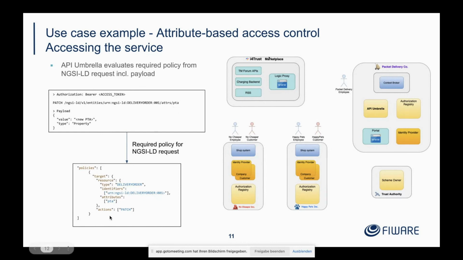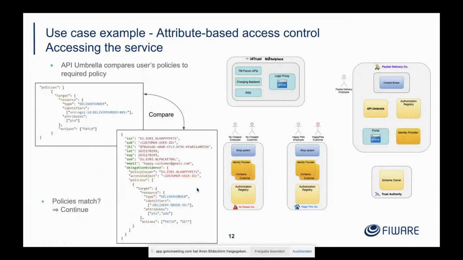And this is reflected in this policy. Since this user sent this JSON Web Token along with the NGSI-LD request in the authorization header, API Umbrella can now compare the required policy to the policy actually issued by Happy Pets to the user, and if these match, and in this case they do, API Umbrella can continue.